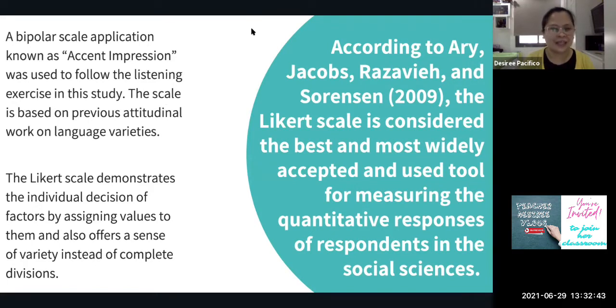The second scale is the Likert scale, which demonstrates the individual decisions of factors by assigning values to them, and also offers a sense of variety instead of complete divisions. So according to Ari Jacobs, Rezavi, and Sorensen, the Likert scale is considered the best and most widely accepted and used tool for measuring the quantitative response of respondents in social sciences.